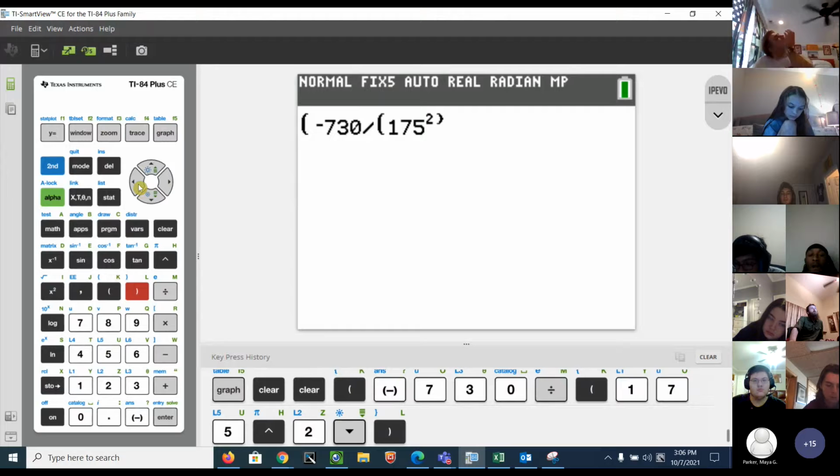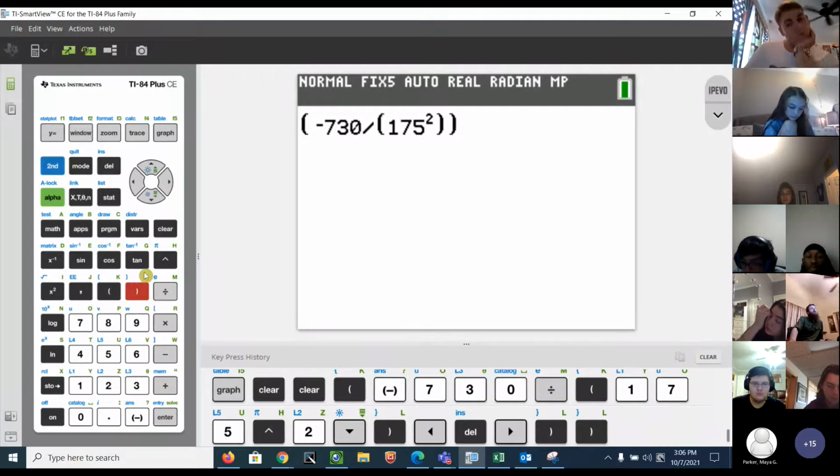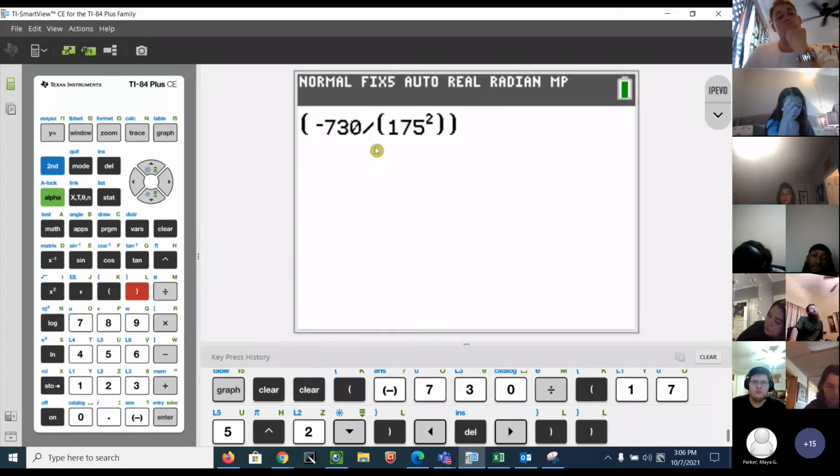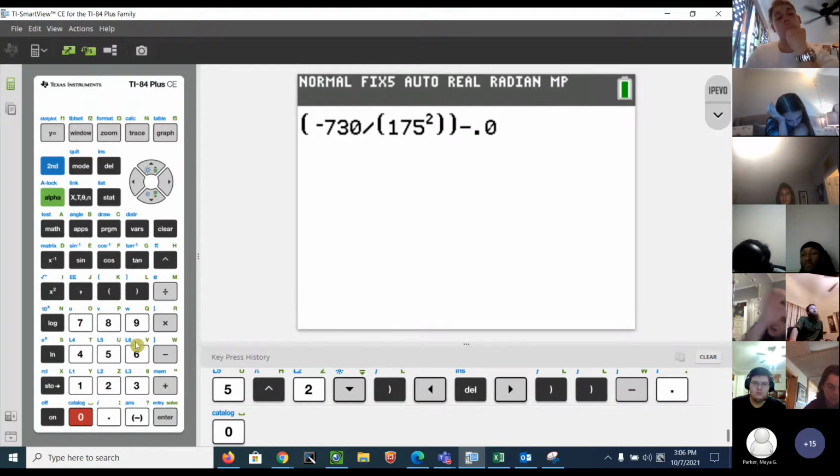Oh, I hate these calculators sometimes. There. Close parentheses. So that says negative 730 divided by 175 squared, and then minus 0.061.